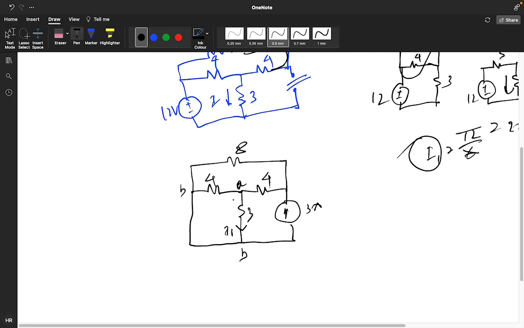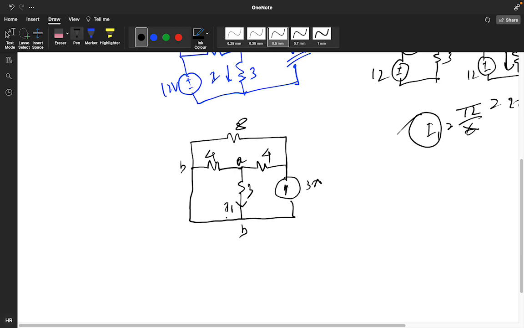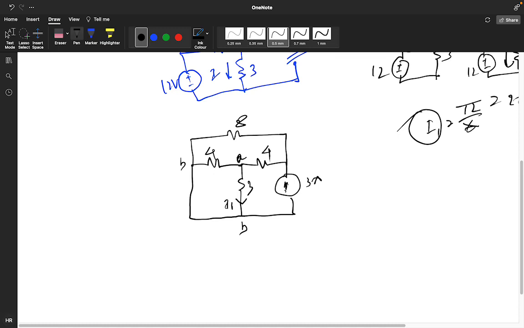4 and 3 are in parallel. So these 4 and 3 networks are in parallel. Okay, by the way, if you solve this network also, it is a parallel connection. These 4 and 3 are coming as parallel connections, and you can make the circuit like this also. This is your 4, this is 3, parallelly connected, and here it is your 4.